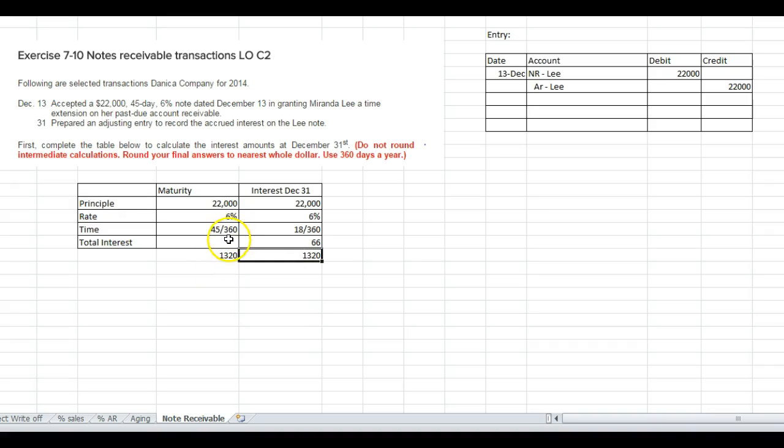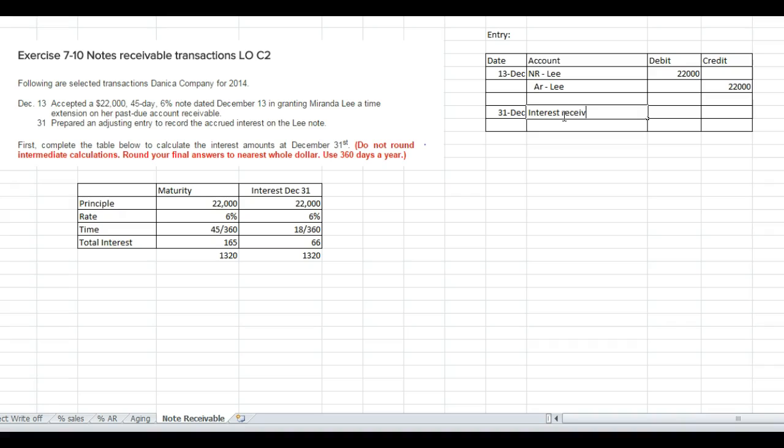We might as well do this one too. Let's see how much she's going to owe us altogether. So this is going to equal the interest times 45 divided by 360. Overall, she's going to owe us $165. But I need to record this first. So I'm going to, on December 31st, record an interest receivable.